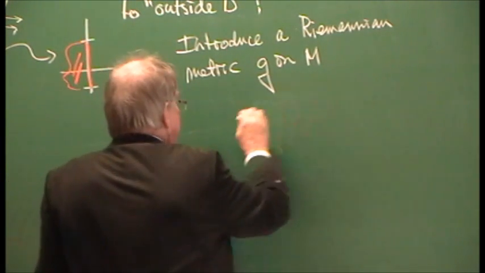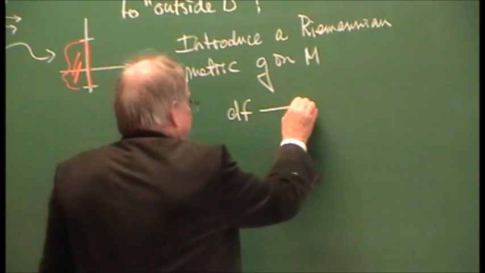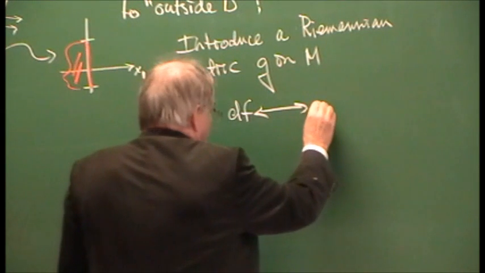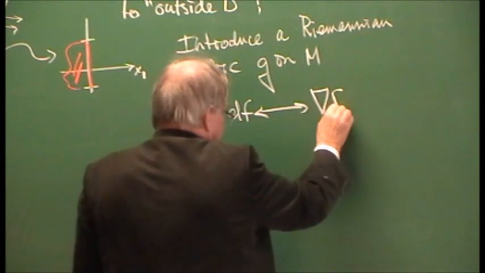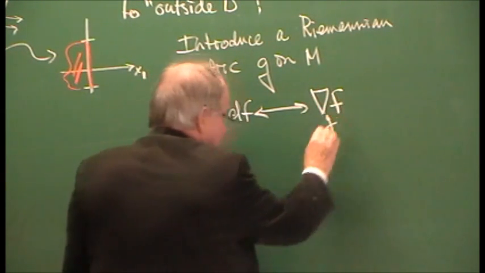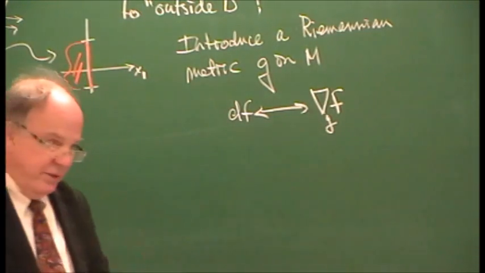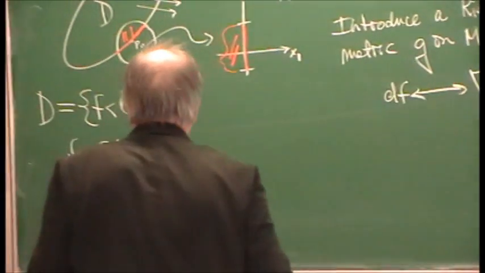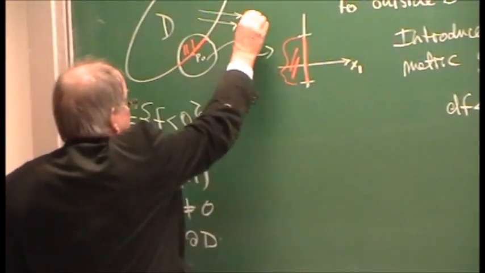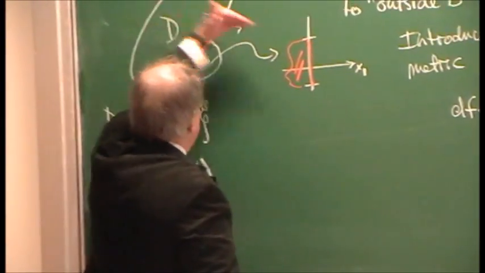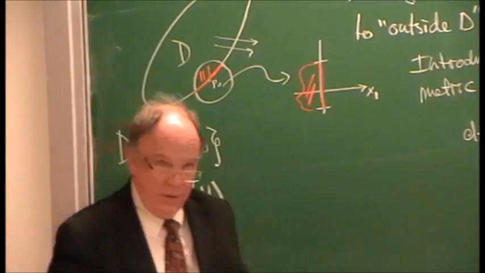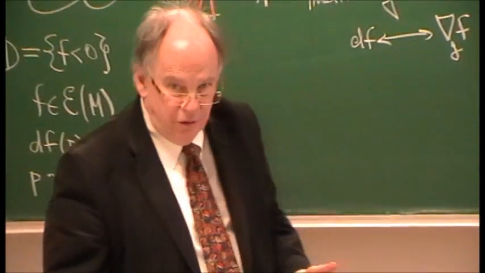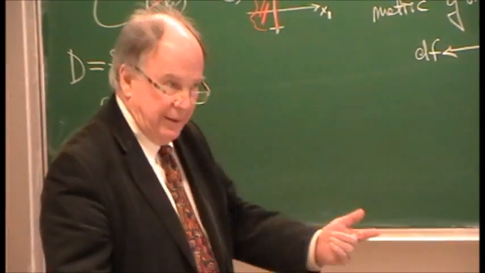Then df gets transported to the gradient of f with respect to g. Remember, it depends on the metric. However, the gradient flow of this function is from inside to outside. You understand what that means?